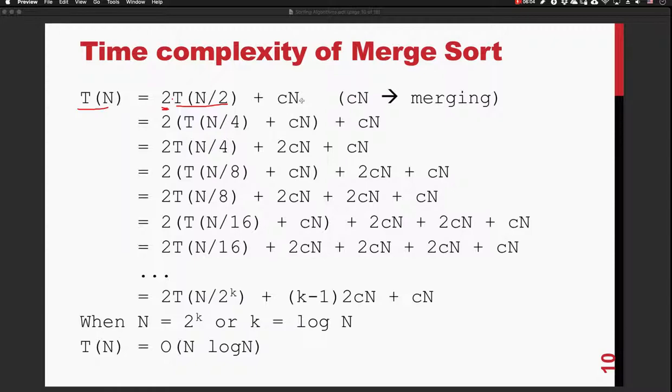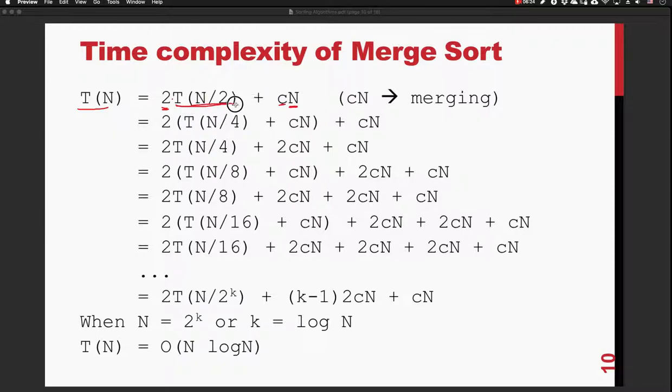So we need to go through each data once. So n steps are required, and each step may have some constant computing time. So in general, the recurrence relationship is 2 times T of n over 2 plus n.